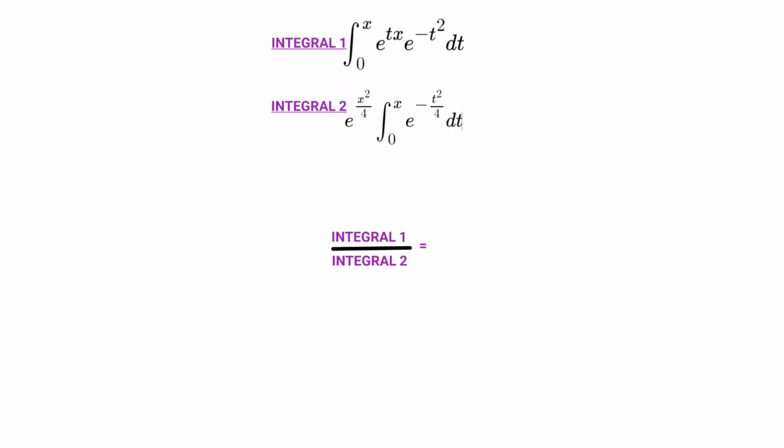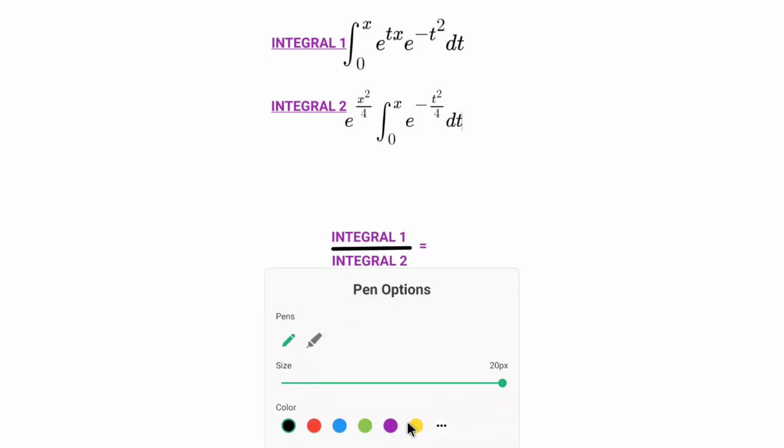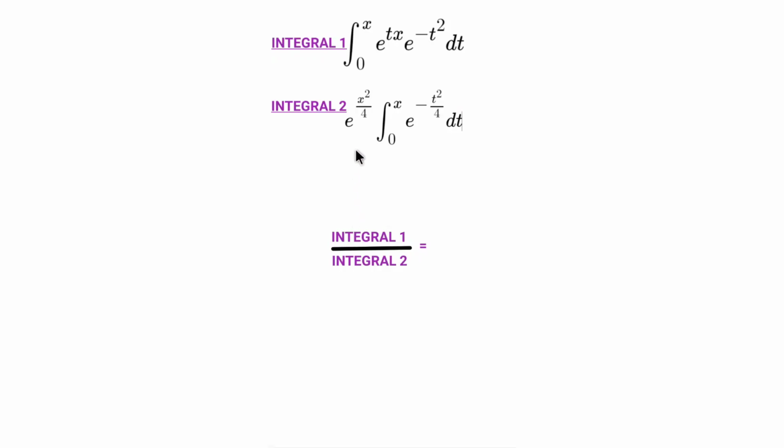So basically there is an extra component in integral 2. If you look at it, you can see that there is an extra component of e power x square by 4 here.